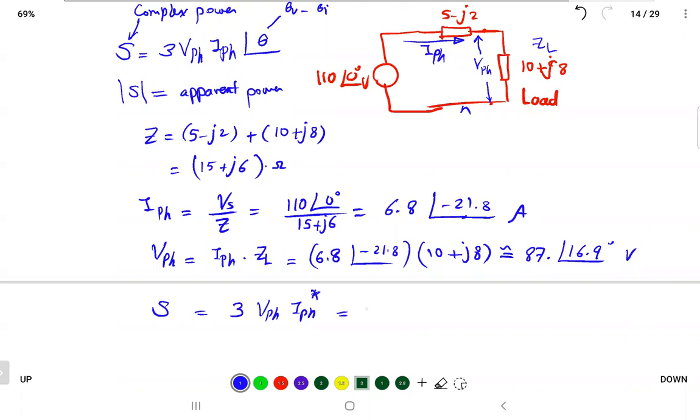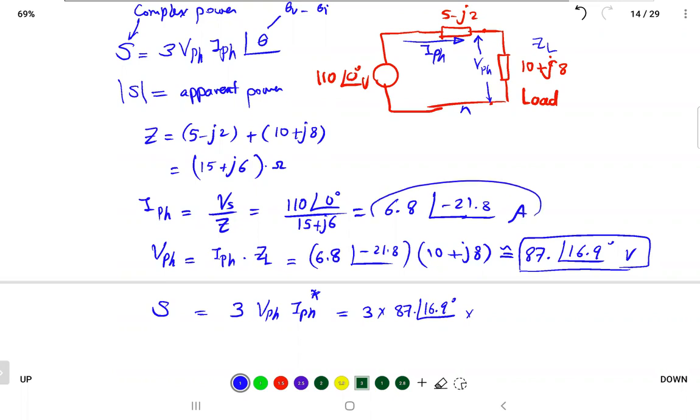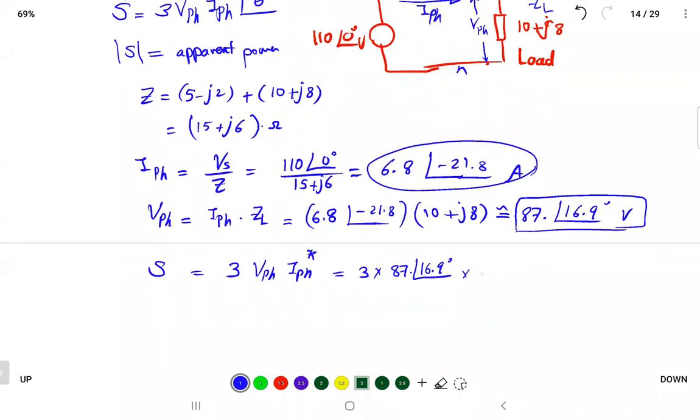So according to what I have here, I have 3 times V phase, which is equal to, oh no, that's the current, that's the voltage, 87 at angle 16.9, times the current conjugate. So that's the current. I'm going to take the conjugate by changing the sign of the angle of the current.